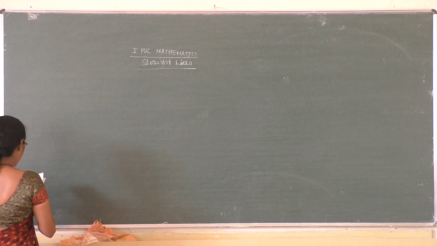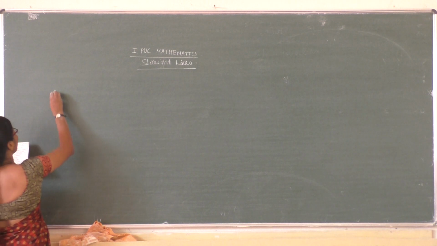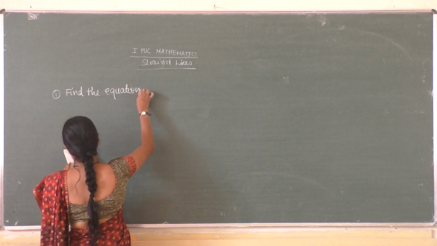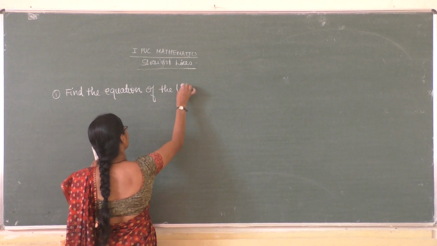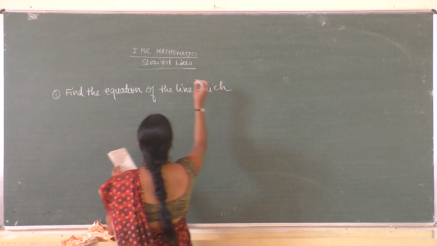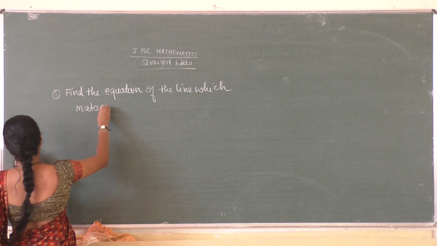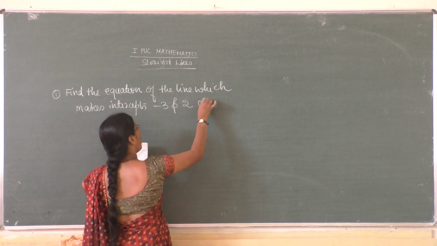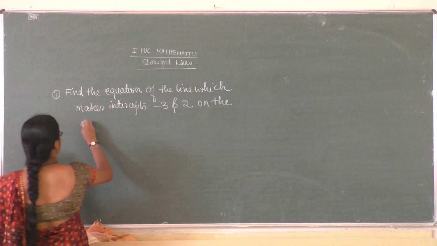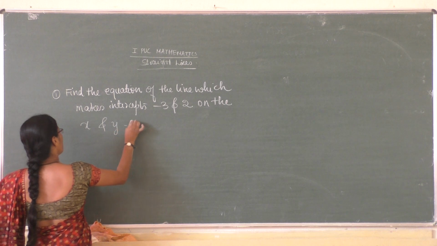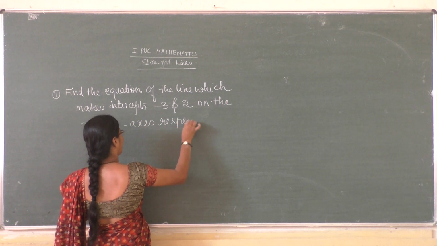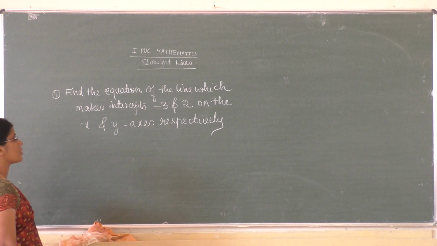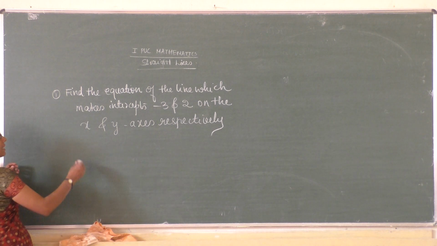So what is the problem now? Find the equation of the line which makes intercepts -3 and 2 on the x and y axis respectively.